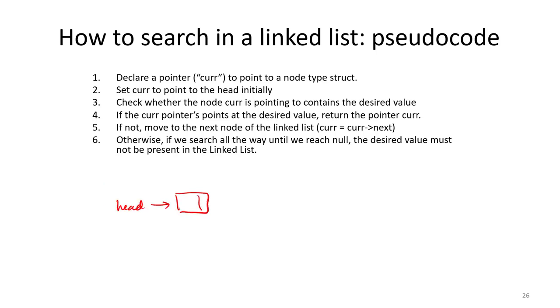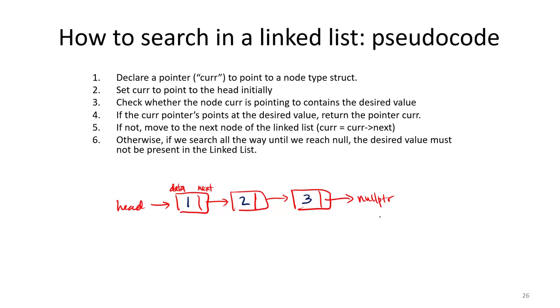Let's suppose we have a linked list like this one, where we have the same list node type structs with data and next. And suppose this linked list contains the values 1, 2, and 3. Suppose we want to search to see if this linked list contains the value 3.